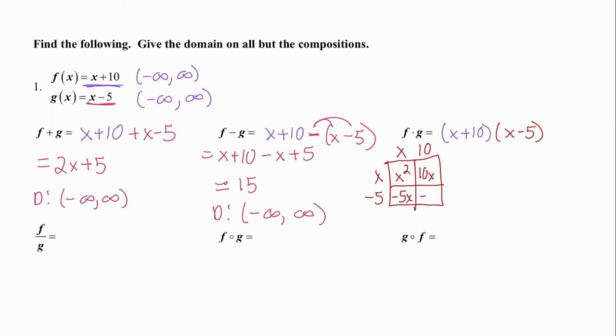And -5 times 10 is -50. So we can take out an x squared. We can combine the 10x and the -5x to give us a positive 5x. And then we just get -50. Again, both the domains are -infinity to infinity, so that's the case for this as well.